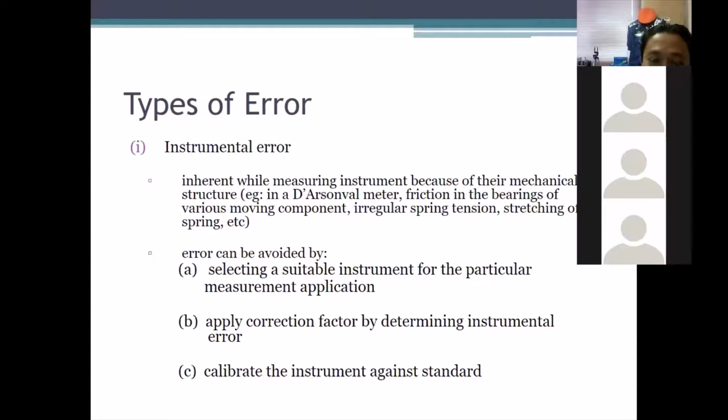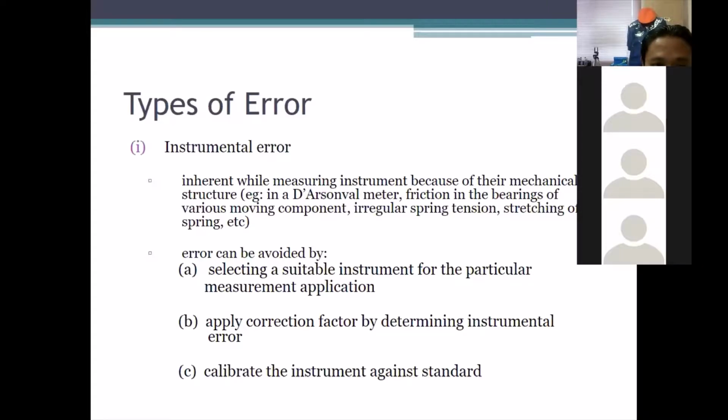For example, our oscilloscope: before we do the measurement, first we have to calibrate our instruments, and after calibrating, then we can use the oscilloscope. If you do the calibration and you don't get a good calibration for your instrument, you have to return it to the manufacturer. Then the manufacturer will calibrate it again for you.